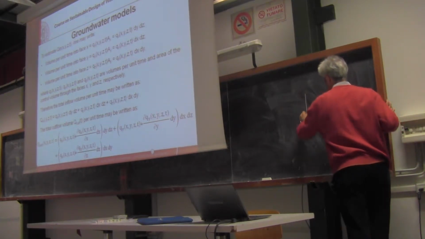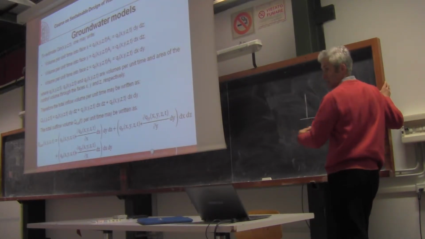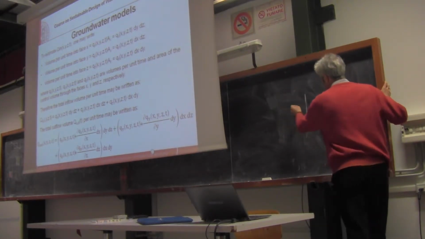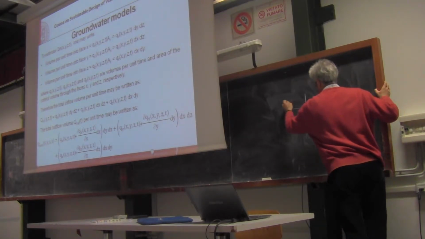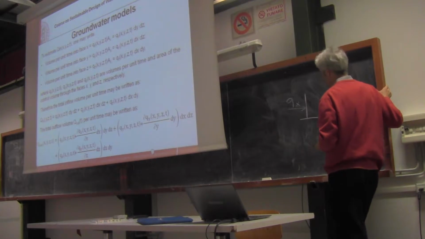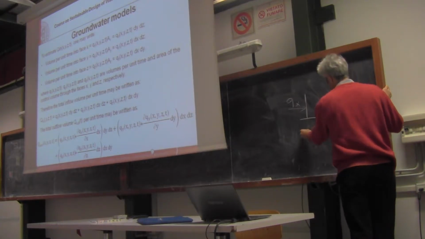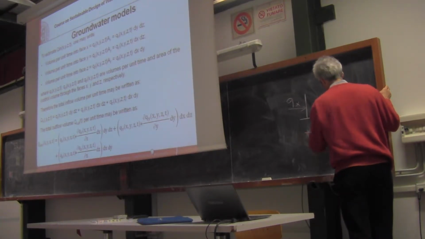And here you have one face of the direction x of our cube, and you have here lowercase qx entering. The other face along x of the cube is located here after a distance dx.